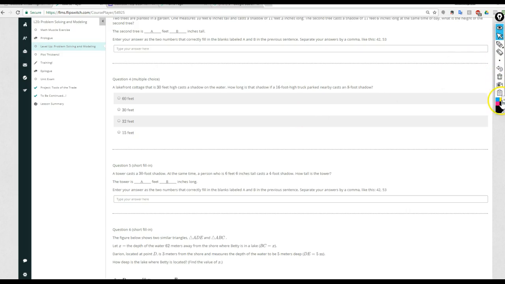So how do I draw my diagrams so that I know I have my corresponding sides? And do I have to have my diagrams? So first, how do I draw my diagrams? Well, we have a cottage, and I know it looks like a house, and it casts a shadow on this water.